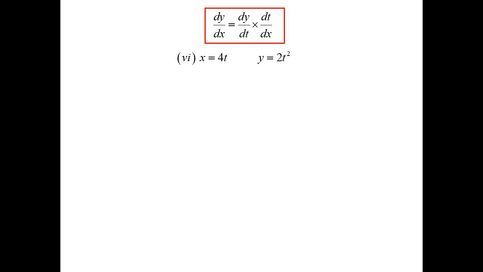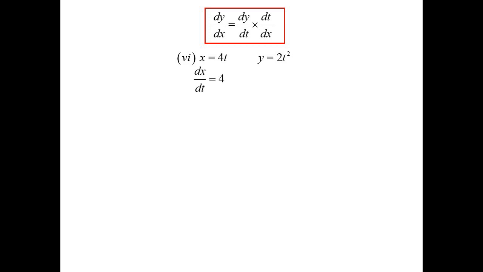So I said, well, I know x is 4t, y is 2t squared. Now, yes, I could eliminate the t and come up with whatever the function is. But using this idea, I don't have to. Because I can say, in order to find dy/dx, I'll differentiate y with respect to t. I'll also differentiate x with respect to t, and then I can play around with those.